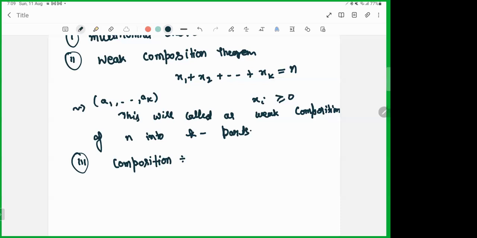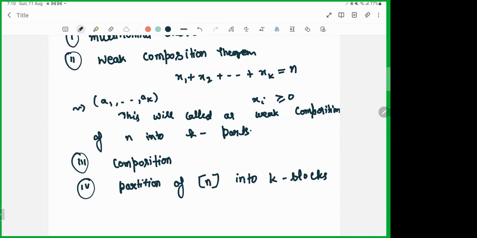And what else? Anything else? The Stirling number is also done, I guess. Partition of a set is the next thing. The fourth one is the partition of the set n into k blocks.